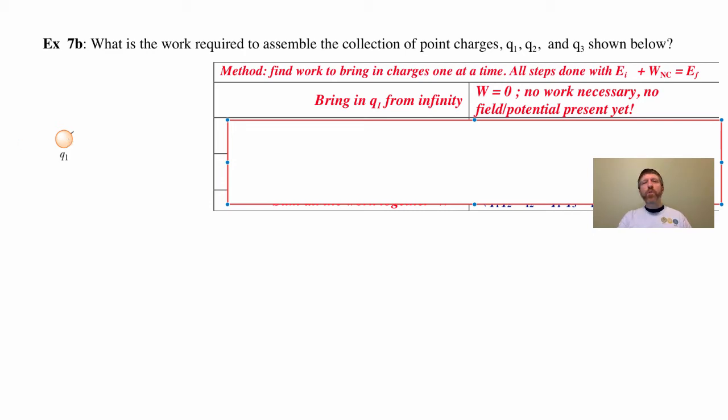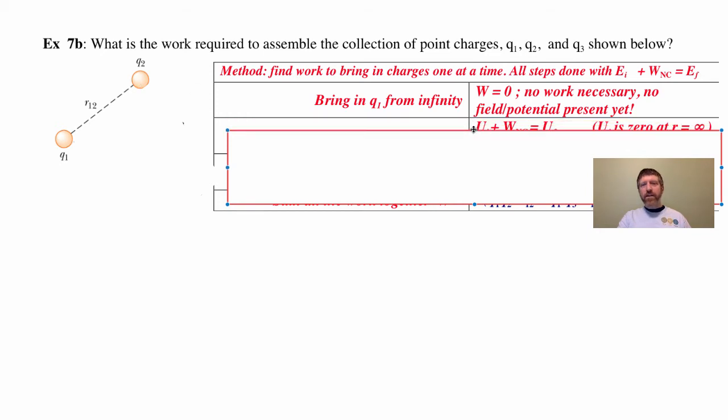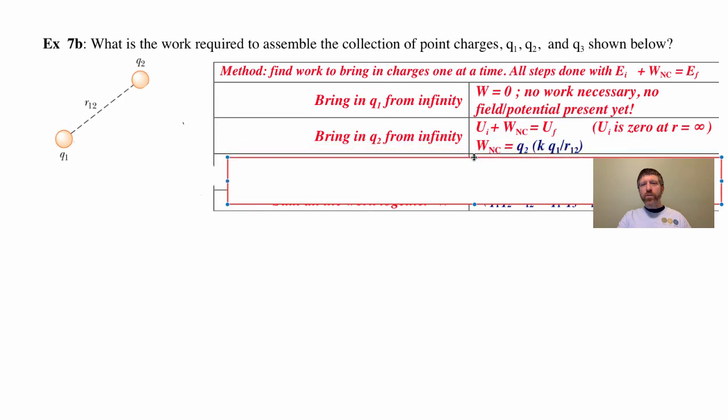But now let's bring in charge 2. How much work would it take us, the work non-conservative, to bring in Q2 to this point? Well, let's use conservation of energy again. We start off bringing Q2 from infinity. We start off with U initial plus work non-conservative equals U final, but our U initial is 0 at r equals infinity.